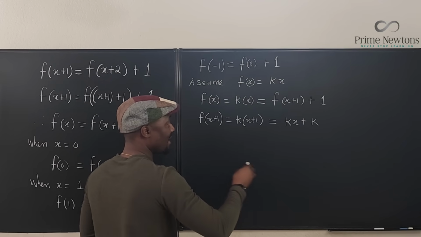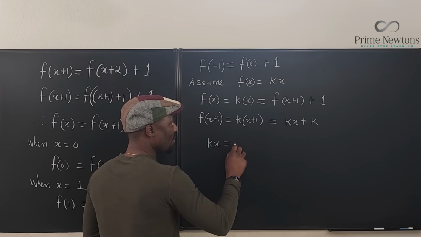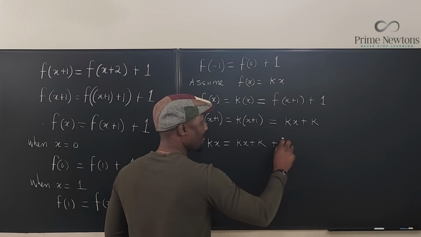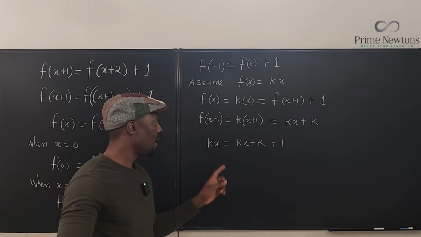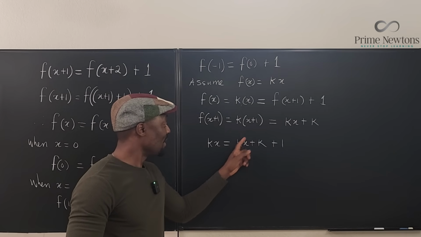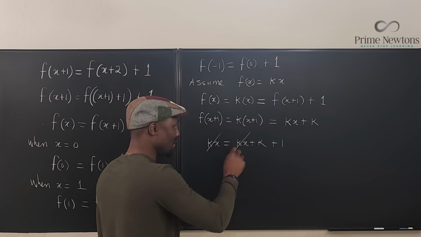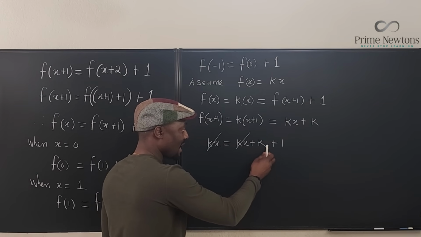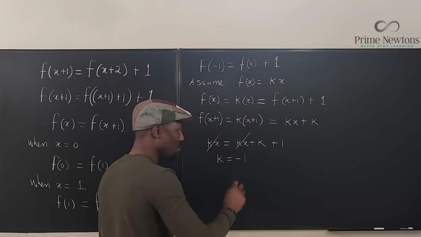So we can say that this expression, kx, is equal to kx plus k plus 1. Oh, look, kx is equal to kx. So if we strike these two out, what do you think is going to be left? These two will cancel each other out if you subtract kx from both sides, and you have k and you have 1. You can move this 1 here so that you end up with k equals minus 1.